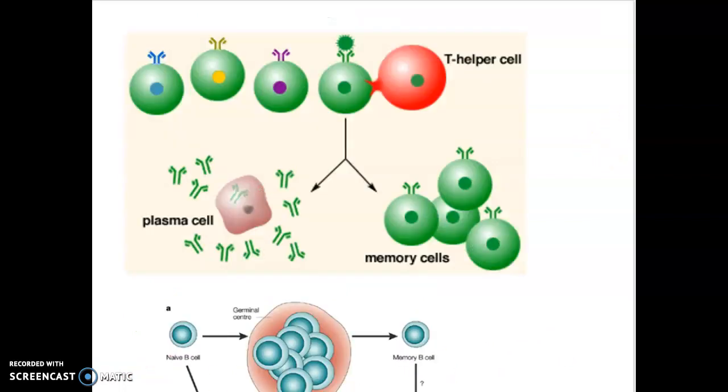A second idea you need to remember about the immune system is that when these B cells proliferate, the B cells produce many plasma cells, they also produce what are called memory cells.